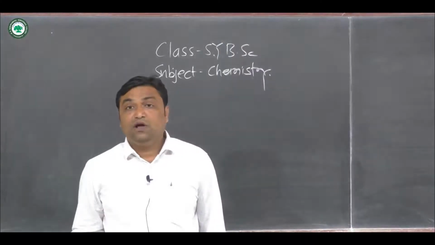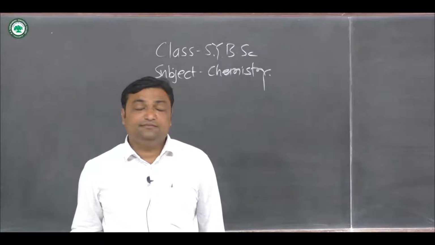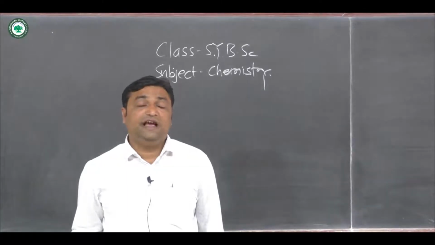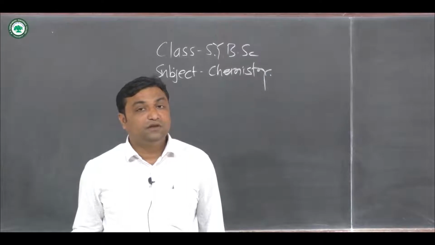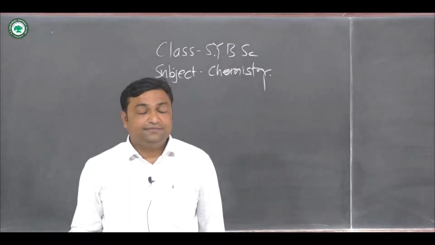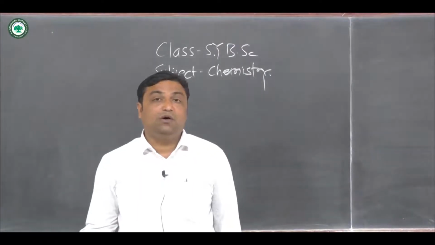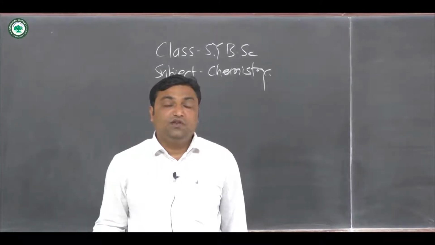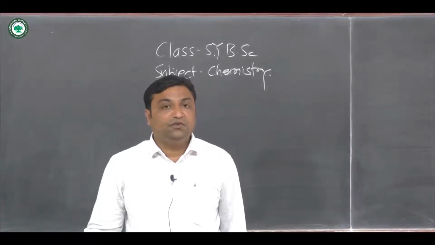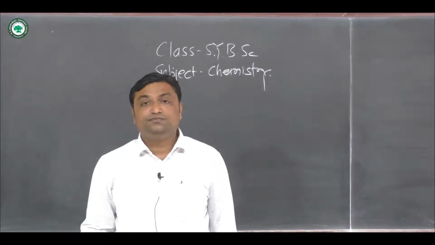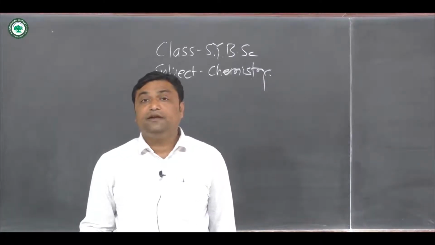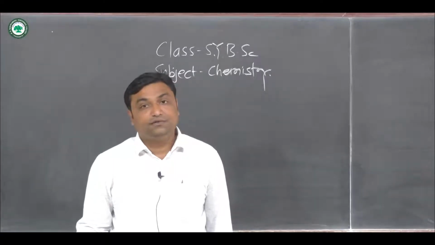It means we have seen the reaction between phenol and dilute HNO3, as well as the reaction of phenol and concentrated HNO3. When phenol reacts with these two, we obtain different products.